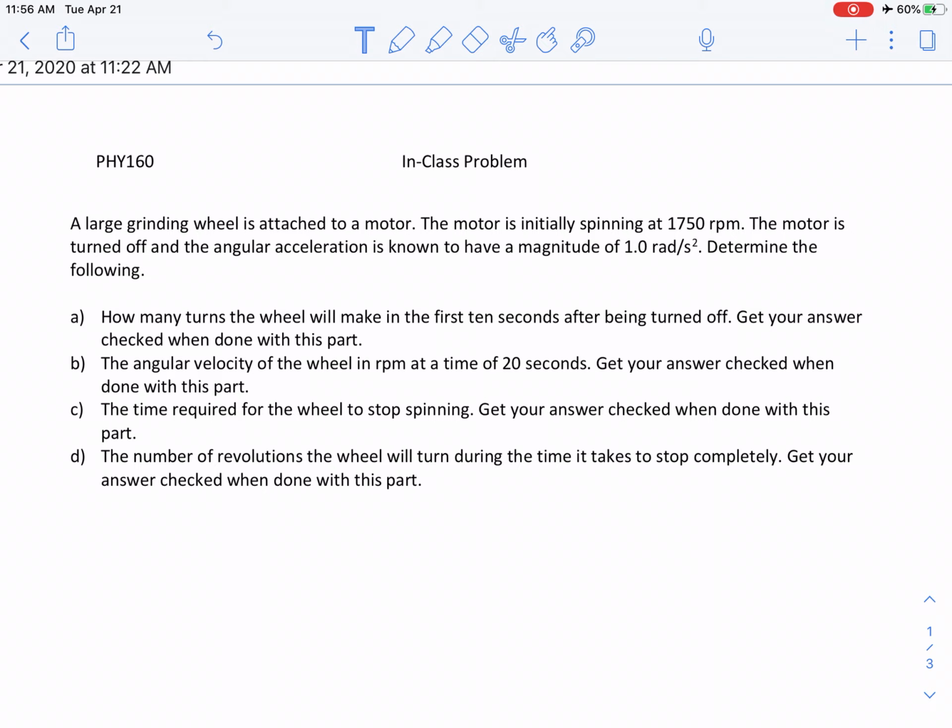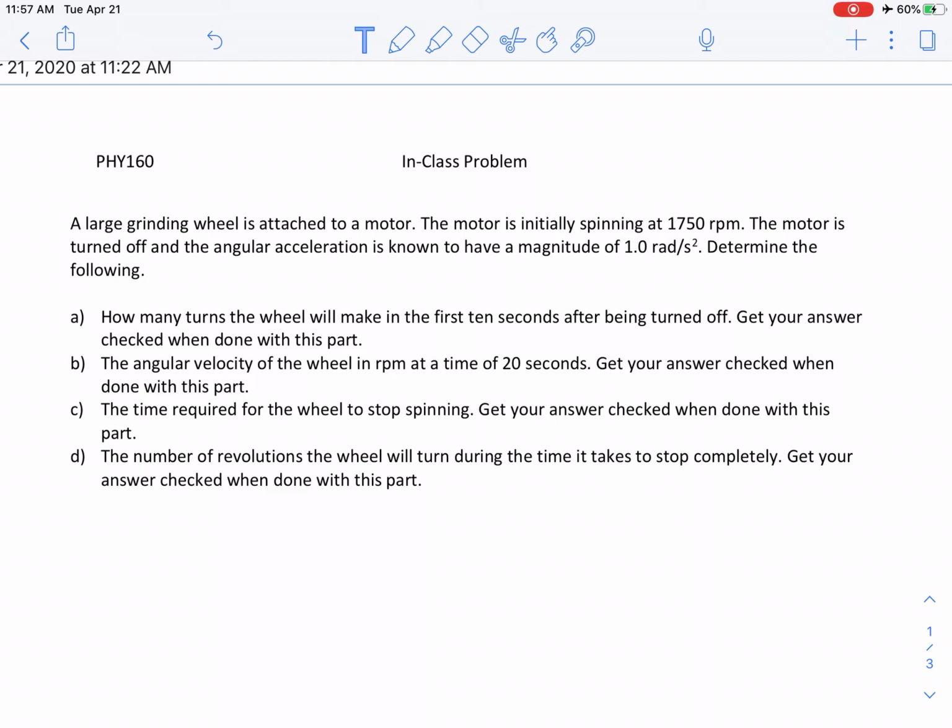Okay, so there are a couple of tricky things here, and we need to make sure we understand what they are. First of all, the initial angular velocity is given, right? And there's an acceleration which is 1 radian per second squared, but the motor is turned off, so it is slowing down.